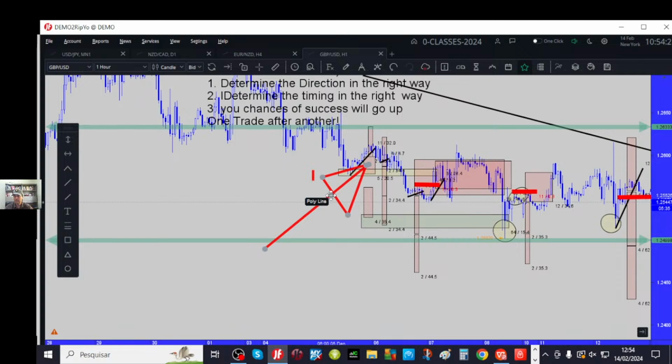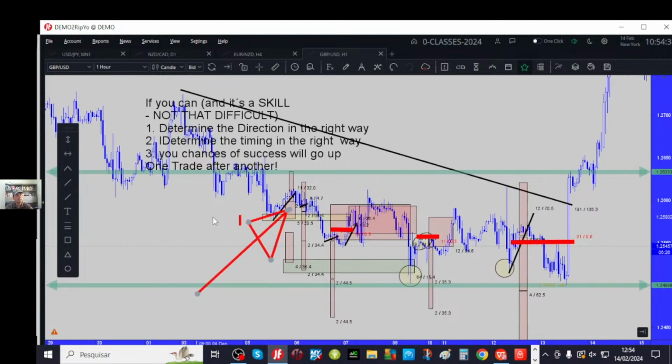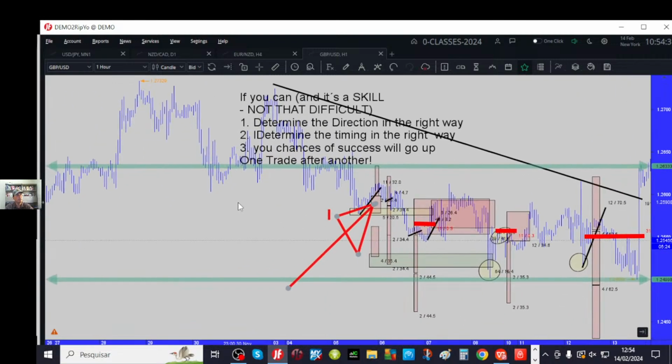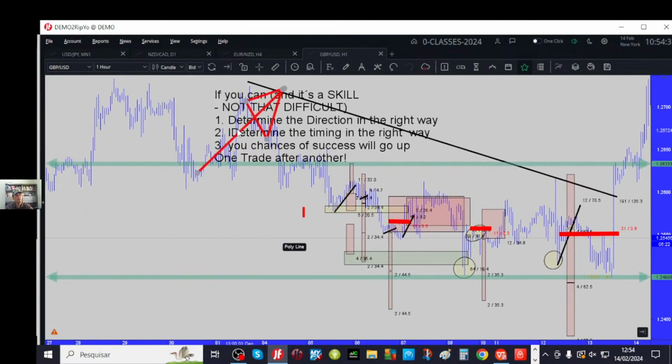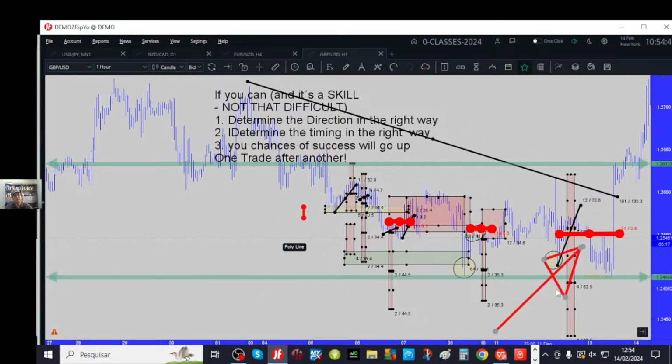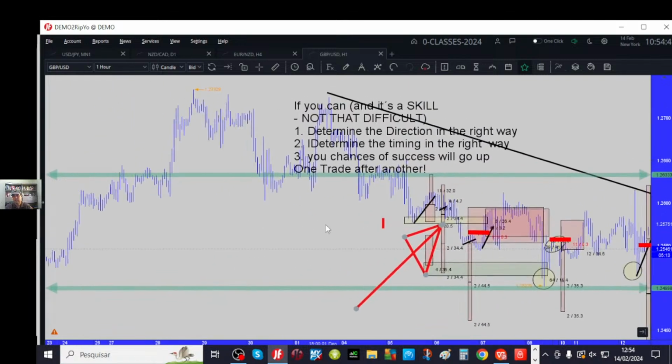Make sense? And you can manage the trade. But as you see, it's not that easy, right? If this is the 1 hour chart, this would be a few days of hard work and not making maybe any money. Make sense, everybody?